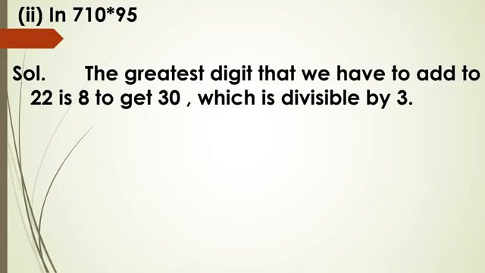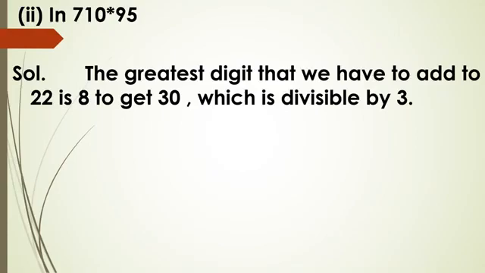So now add the second greatest digit, that is 8. 22 plus 8 is 30. 30 is divisible by 3. So the number formed is, in place of star, we write 8: 7, 1, 0, 8, 9 and 5, which is divisible by 3. So the greatest digit by which star is to be replaced is 8.